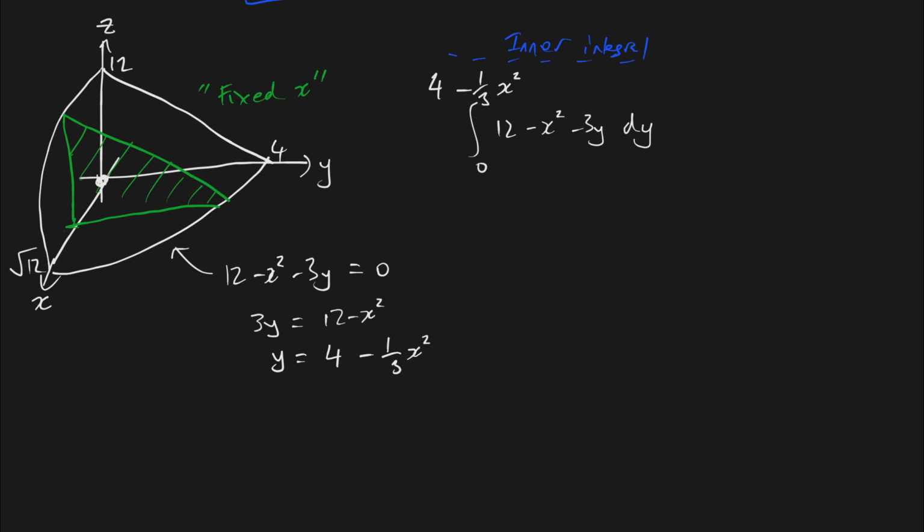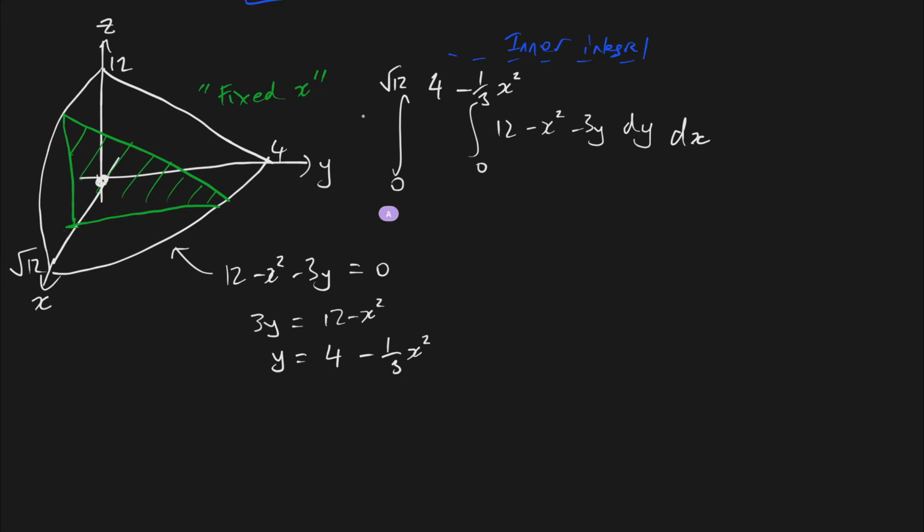Now we're going to do our outer integral. Our outer integral is going to be integrating with respect to x, so dx, and it goes from 0 all the way to root 12. So 0 is our lower bound, root 12 is our upper bound, okay?